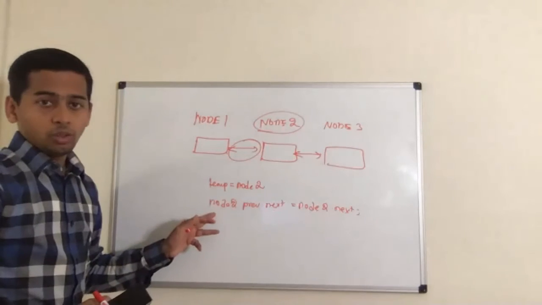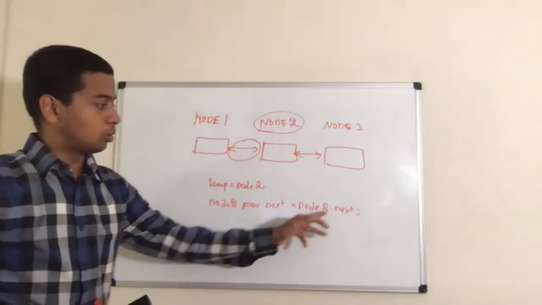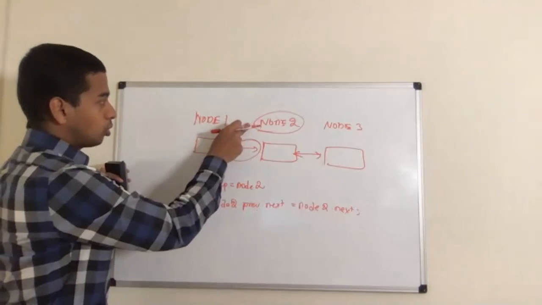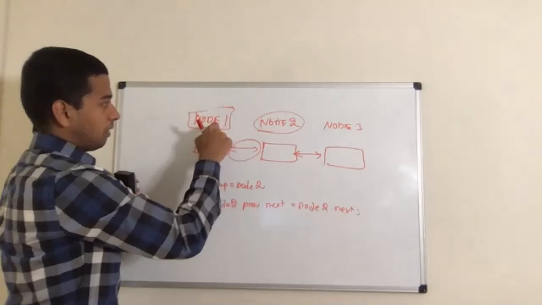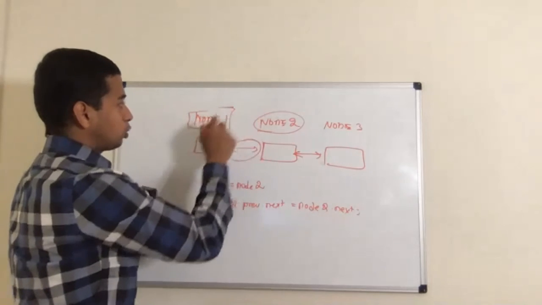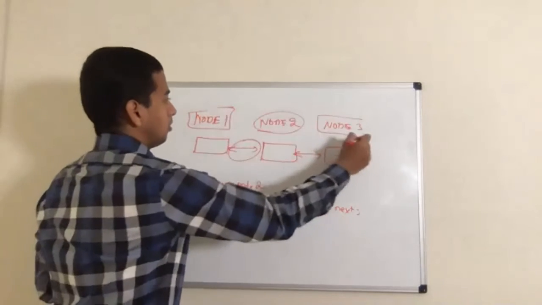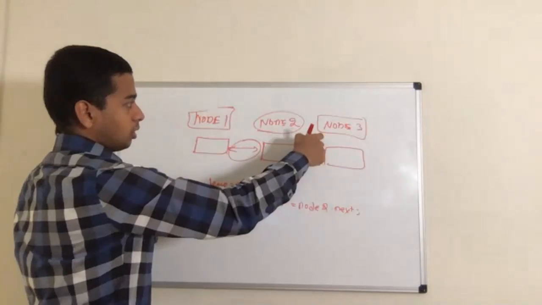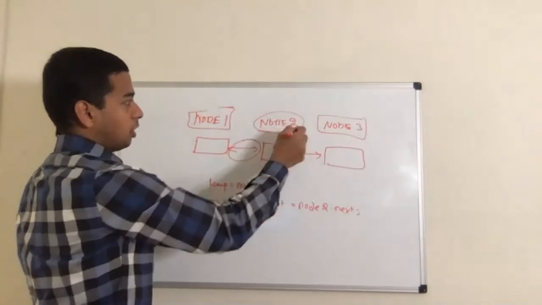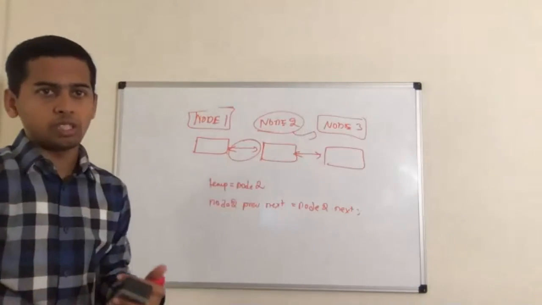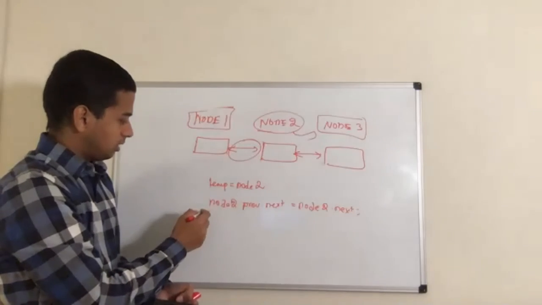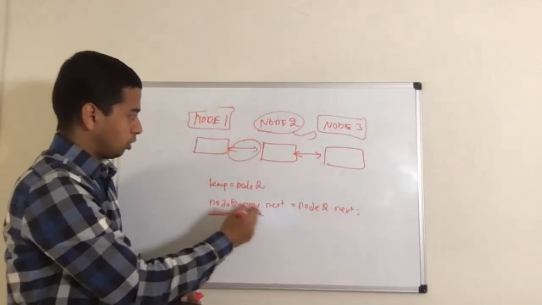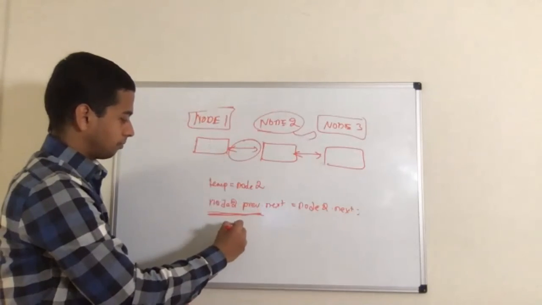Did you get this point? Node 2 dot previous dot next equal to node 2 dot next. Why? Node 2 previous is this one. The next of this one should be the new next. So what is the new next? The next of node 2. It might look a little confusing, but that's why I have drawn a diagram so you can easily understand. What is node 2 dot prev? It is node 1.